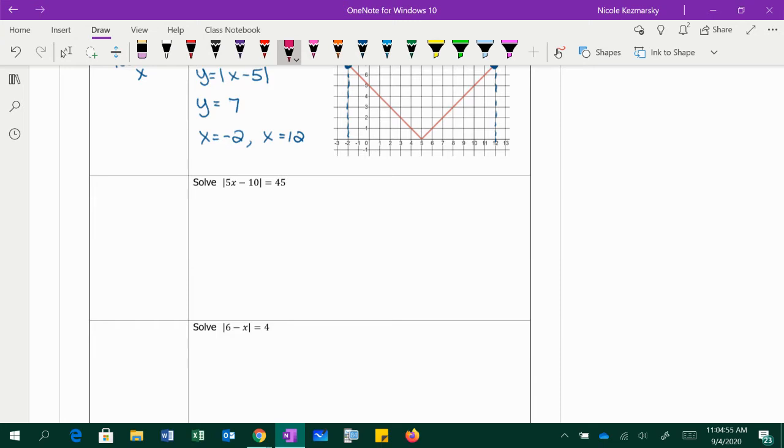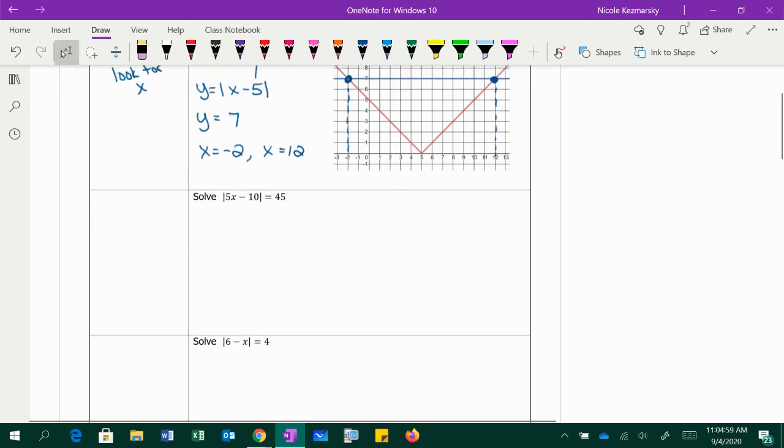When you solve an absolute value, notice there are two parts to this function. There's the left part that has a negative slope, and this part right here that has a positive slope. Absolute value, if you remember back to when you first learned it, can be positive or negative.